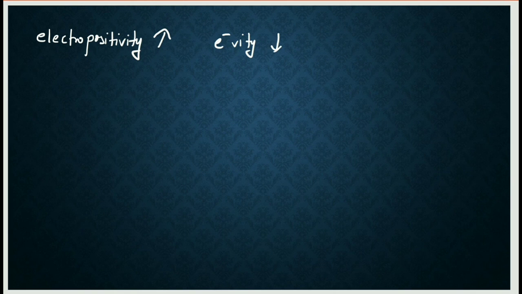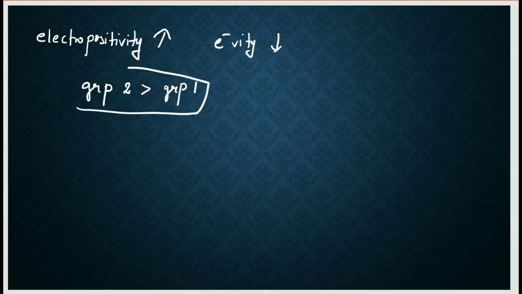The electronegativity values are low for alkaline earth metals. But compared to group 1 elements, they have higher values. So generally the electronegativity value is low, but group 2 has higher electronegativity than group 1.